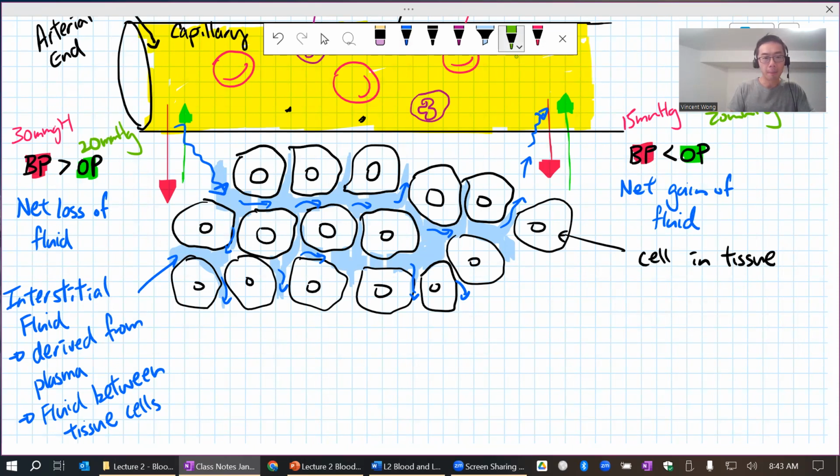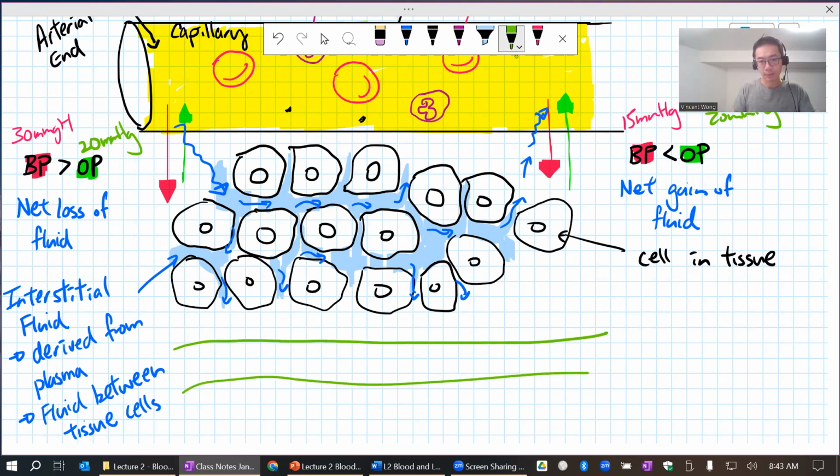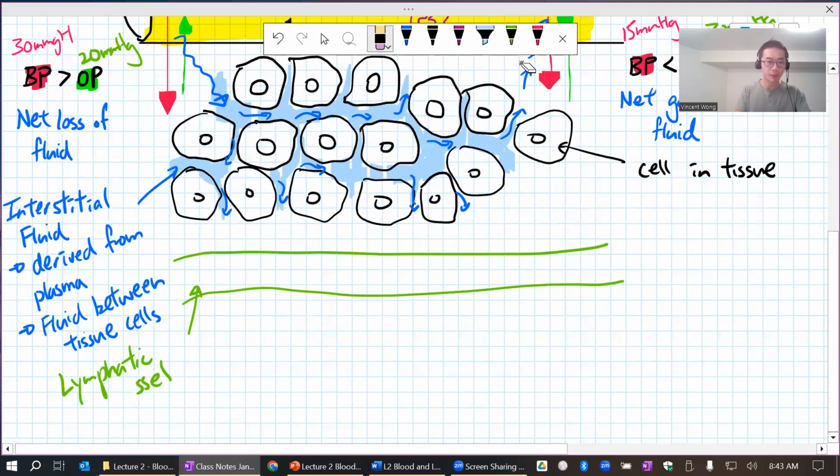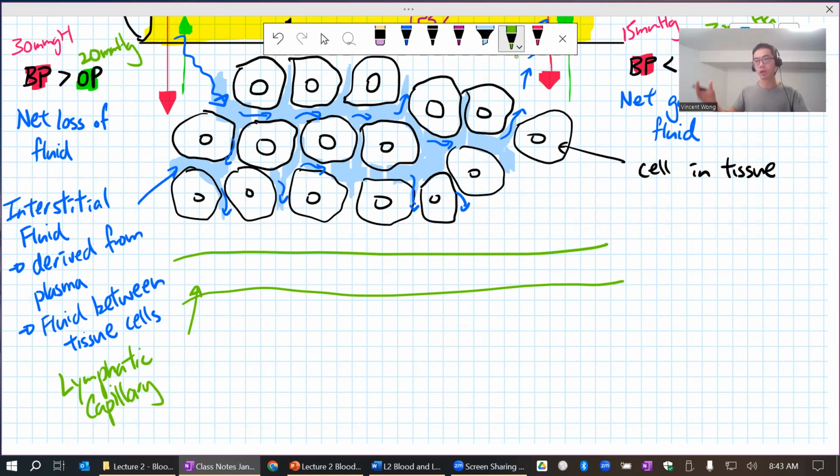So, the drainage pipe is another kind of vessel, like this. This here is called a lymphatic vessel. A lymphatic capillary in this case, because it's really, really small. They can become bigger later, and then we'll call it a lymphatic vessel. But they are typically next to capillary beds, in very close proximity.